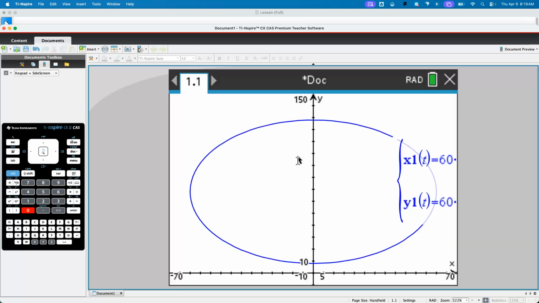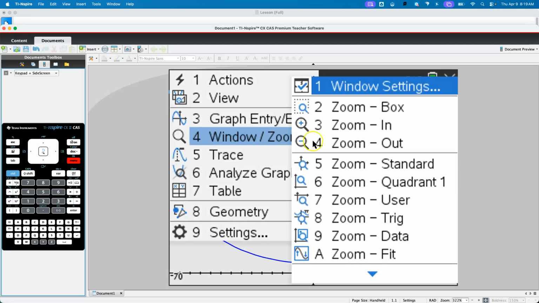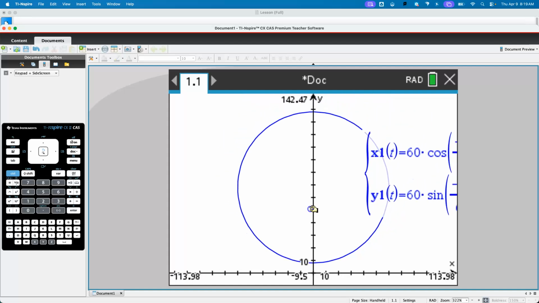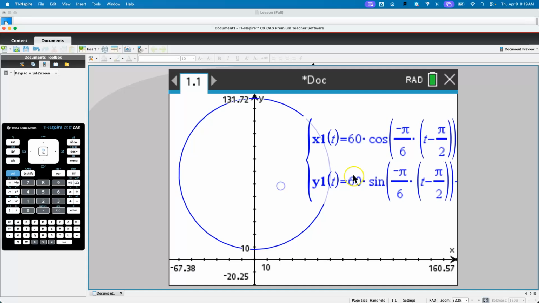Now it doesn't look like a Ferris wheel because, again, it's not square. So if I zoom square it up, now that I've at least found it, what did I just do? To make it look normal, zoom square.